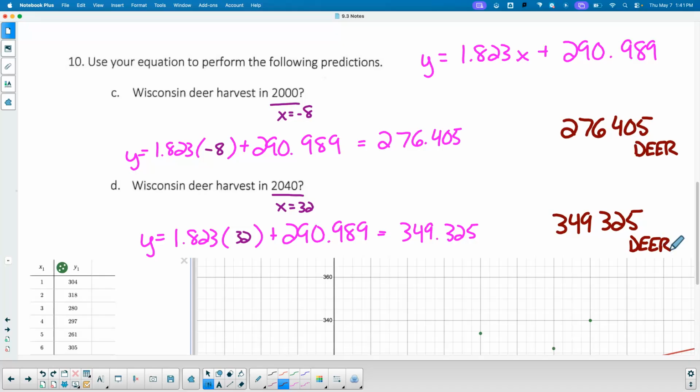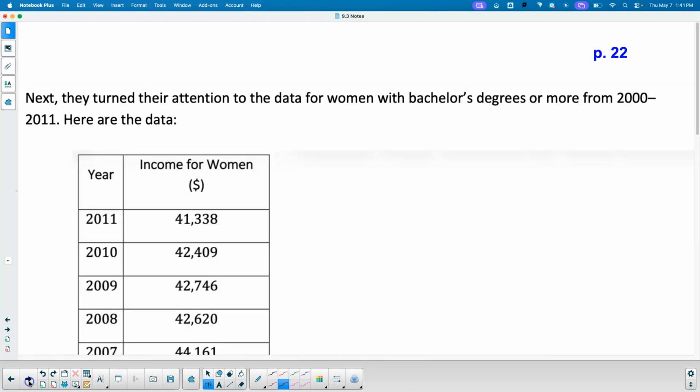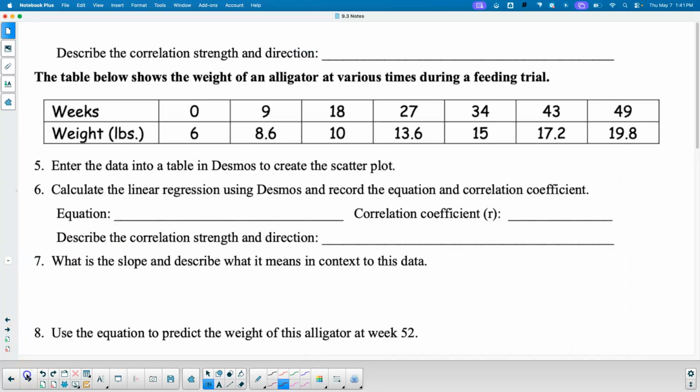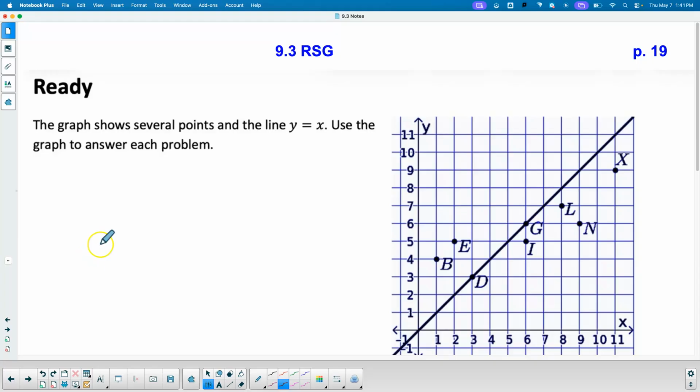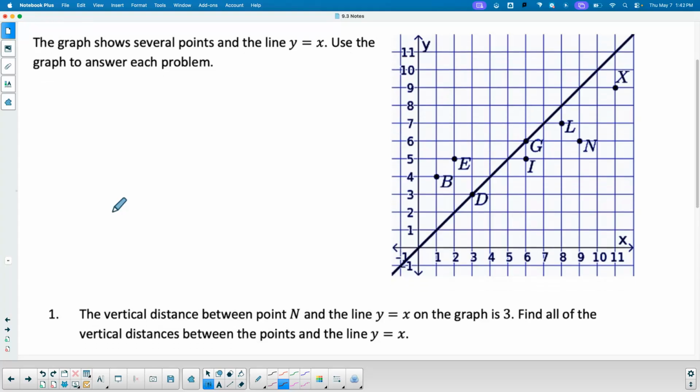Love it. Quickly, let's take a peek at your homework. Make sure we know what we're talking about here, because number one is just a little bit confusing. In number one on page 19, it's asking you to find the vertical distance from the point to the line.